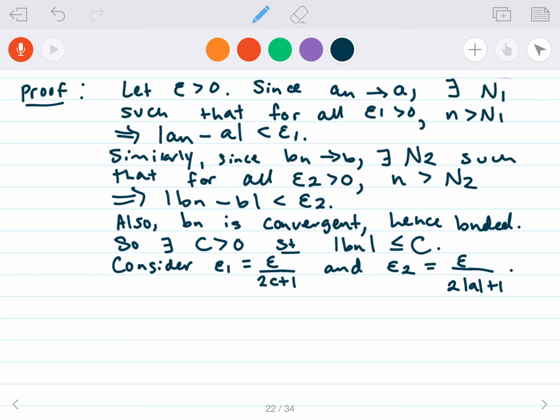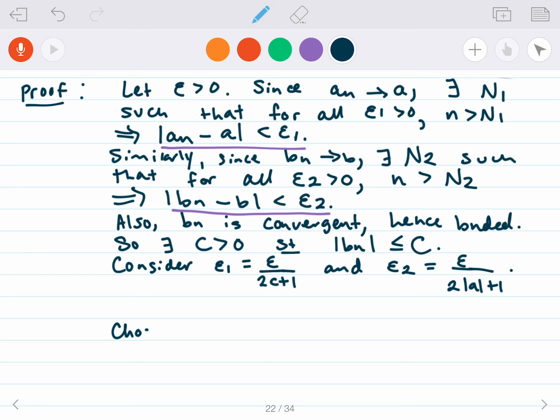And now we need to choose a capital N, because we don't know that both of these statements are going to simultaneously hold. But we can guarantee that both of them hold by choosing a capital N large enough so that they're both true. And that is, again, going back to the max idea.